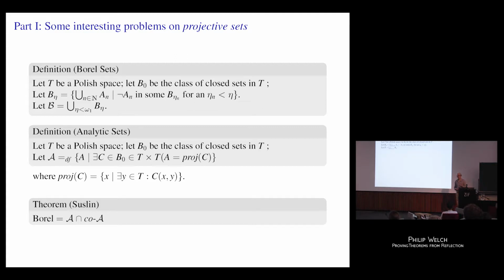If you want, you can just think of this as the ordinary Euclidean R, or R to the n. Else you can think of it as Cantor space, 2 to the N, or Baire space, N to the N, with the discrete topology on the 2 or the N, and the product topology on the whole space. So it's either R or the set of infinite sequences of natural numbers.